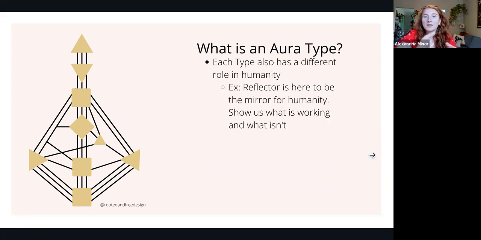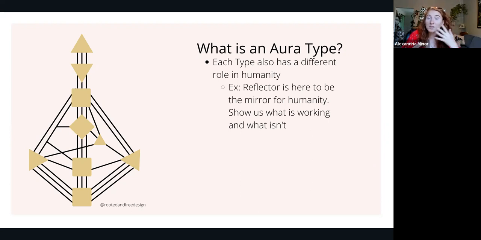So again, let's also talk about the role that each type plays in humanity, okay? We'll go over this when we go through each type as well. But just for an example, let's look at a reflector again, right? A reflector has completely open and undefined centers. There are no defined centers in their chart.